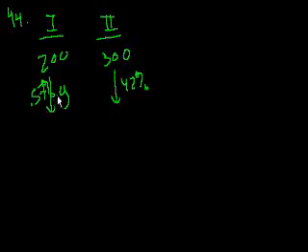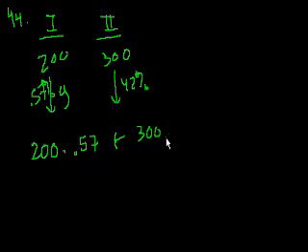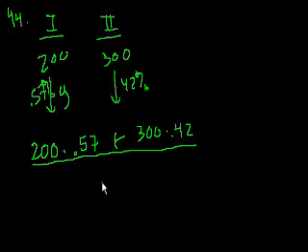So how many total seeds germinated is going to be 200 times 0.57. That's how many in plot 1 germinated. Plus 300 times 42%, or 0.42. That's how many in plot 2 germinated. All of that divided by 500. And how do I know 500? Because there's a total of 500 seeds.